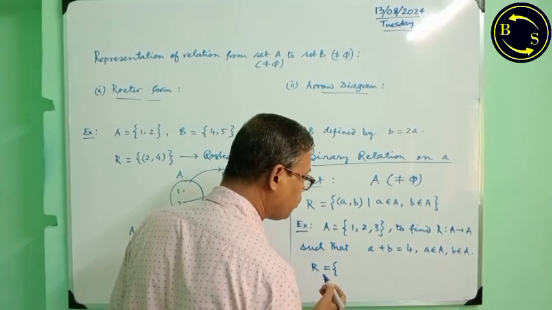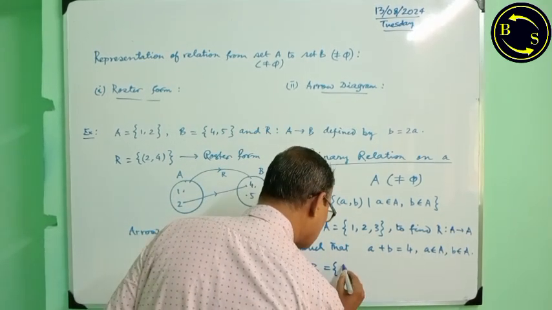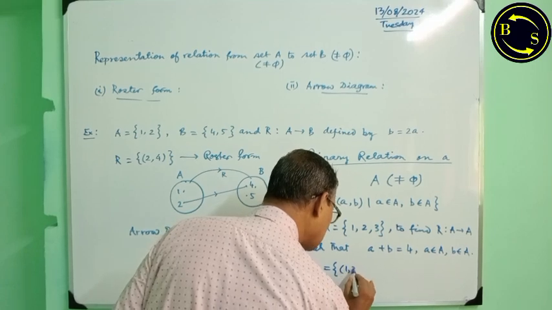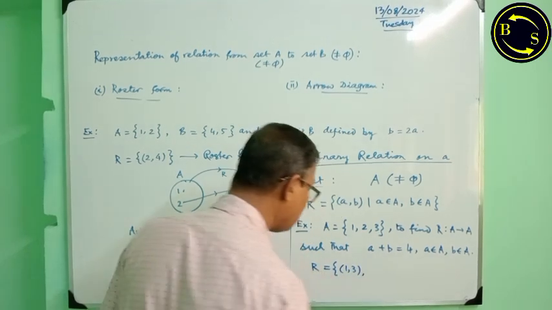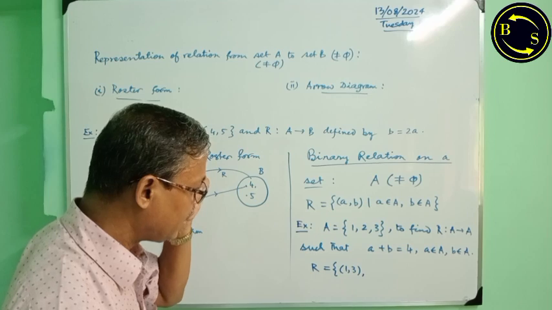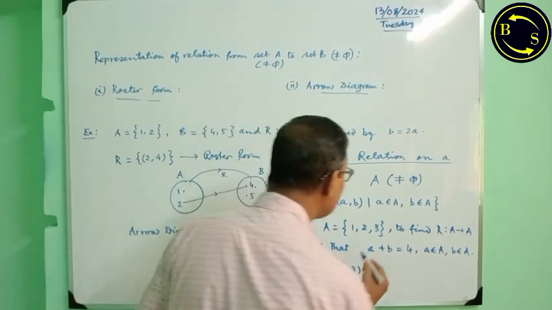One plus 3 is equal to 4. Therefore, (1, 3) will be an element. Then (3, 1).